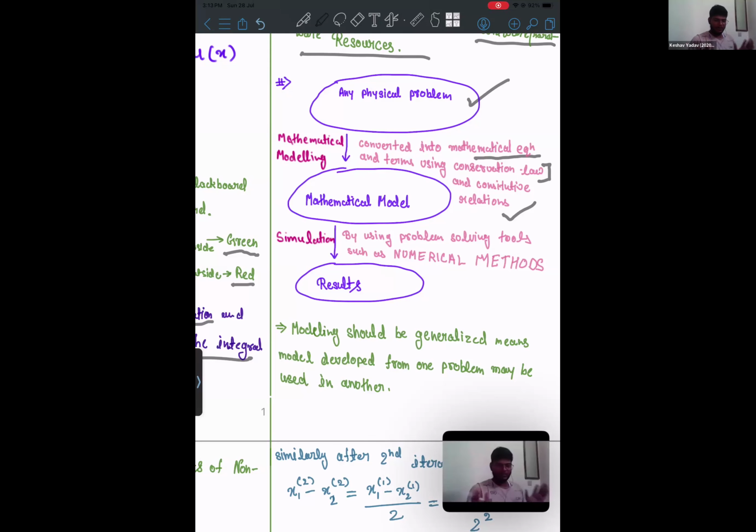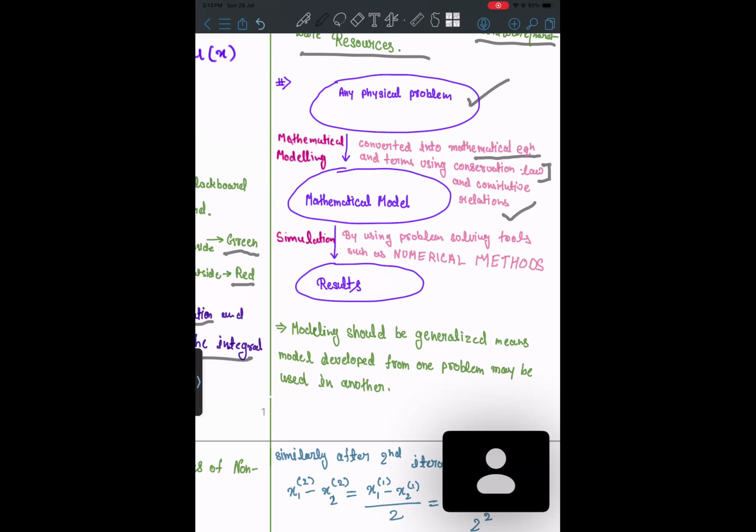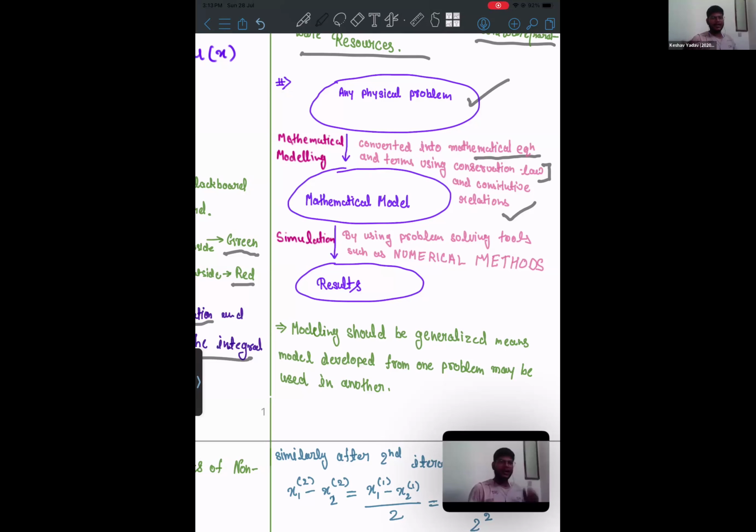You have made a mathematical model for this problem. The same model can be applied, or I would say should be applied, to a different problem where we do not have a pipe, but rather a rectangular channel, or a pipe with some different diameter. But it should be a generalized one.